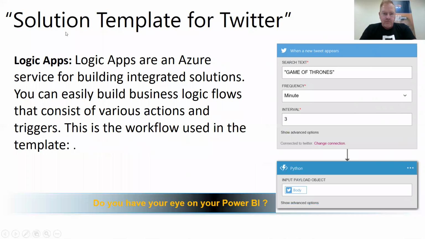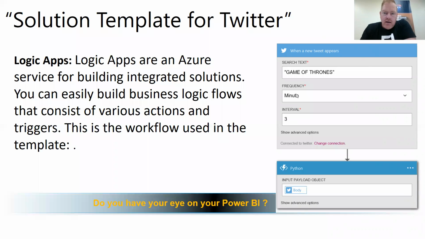And here is just a breakdown of what a Logic app is. A Logic app is essentially a service for building a solution. What a Logic app looks like, if you look over to the right here, is all drag and drop. So you say when a new tweet appears, this is a codeless module, and you stick in your text and tell it the frequency you want to search for that text on Twitter.